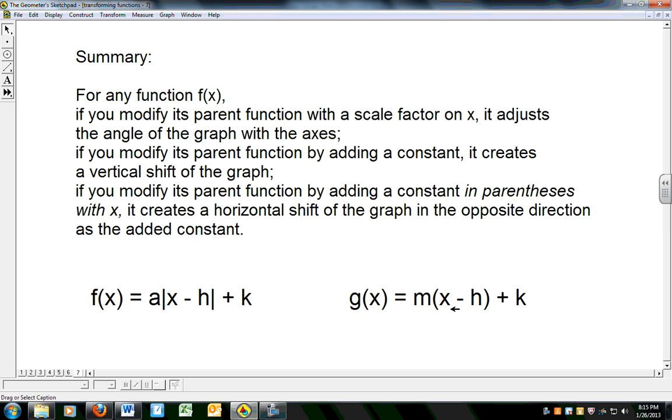And for the linear function g of x equals m times x minus h plus k, I used m here instead of a because we're used to m being slope. This would also be the same thing, a horizontal shift of h and a vertical shift of k. It would be the linear equation with slope m that goes through the coordinates h comma k.